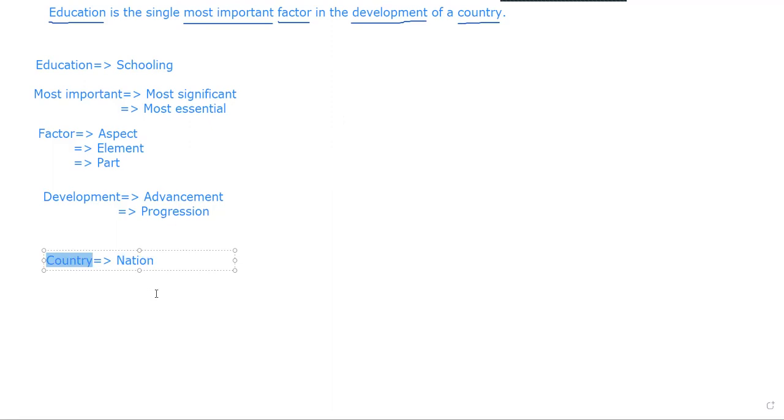Okay, so now let's see how we can develop an introduction by only using synonyms. But keep in mind that you are not going to use only the synonymous expression.